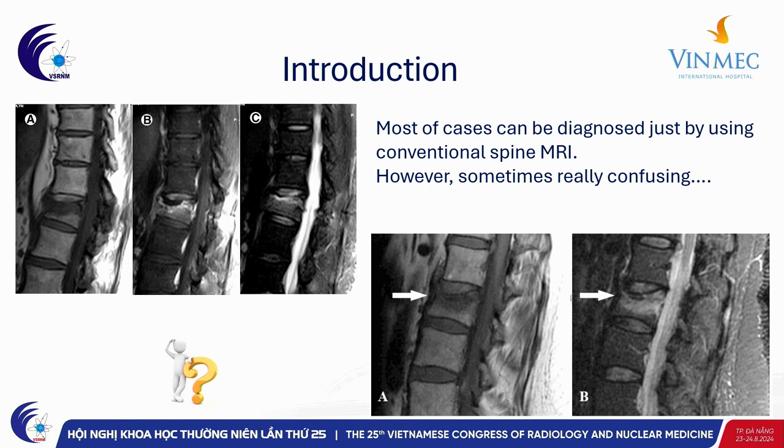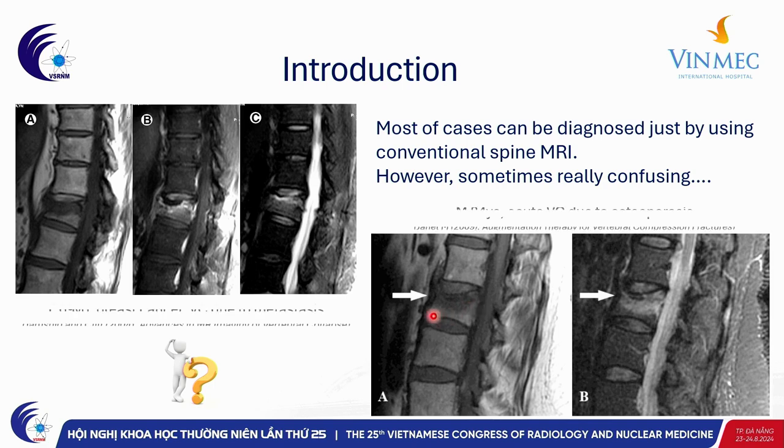And the signal is quite similar on the conventional sequences, for example, low signal on T1 and high signal on T2 and STIR. And they also have a small fracture line in the upper part of the vertebral body.